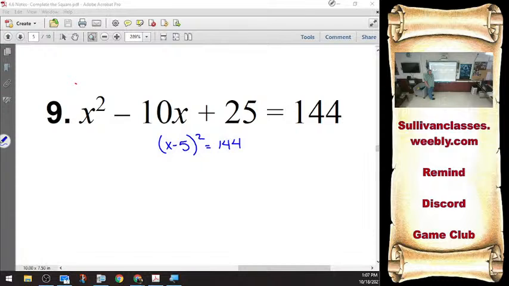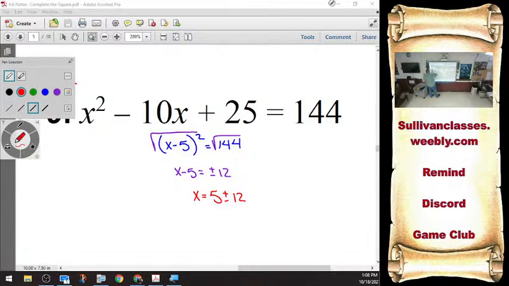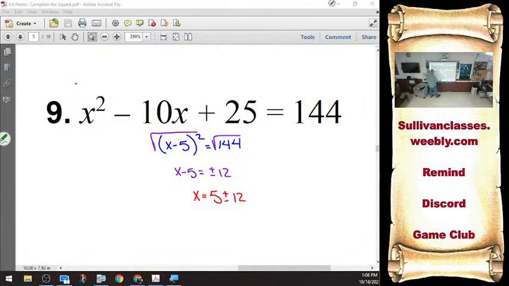If I can write it as something squared, then I can undo that with square root. Never write your answers like this. Leave them as actual rational numbers, 17 and negative 7.